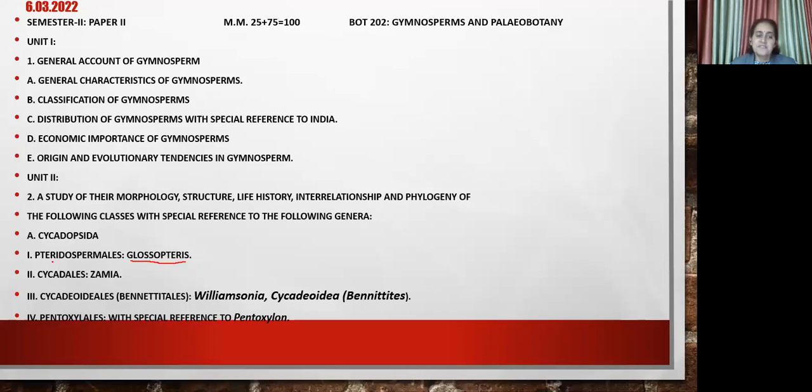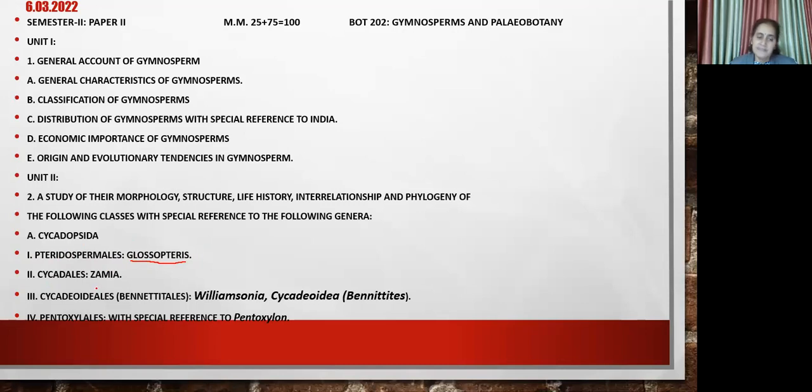As the name indicates, Pteridospermales means it is very much similar to Pteridophytes as per fossil records. But spermales is sperm bearing, seed bearing. So this is a fossil genus and very close to the previous group of plants, that is Pteridophytes.